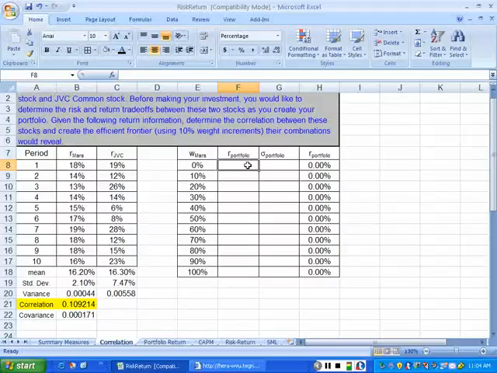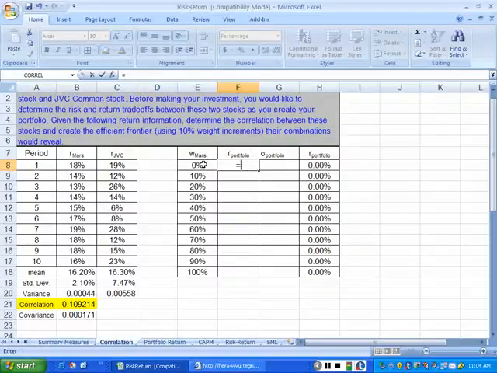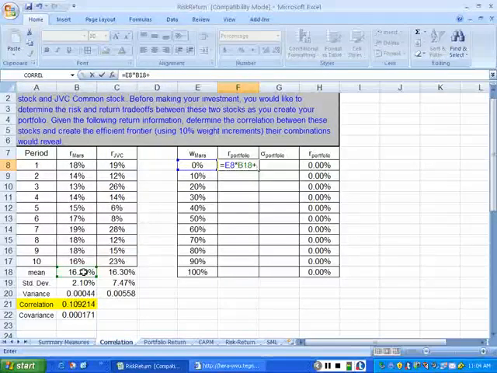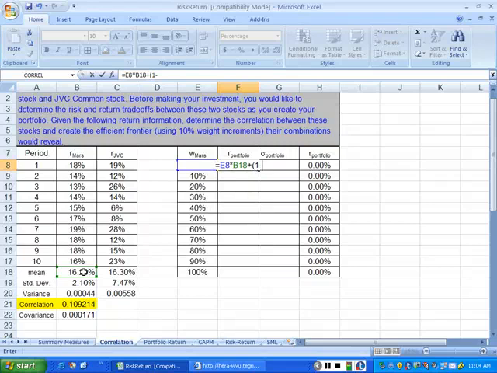Now, the portfolio return is the sum of the weights times the rates of return that's expected for each case here. So let's begin by taking the weight on Mars and multiplying that by the expected return on Mars. To that, we're going to add the weight that we would have on JVC, which is just 1 minus the information that we had in cell E8, multiplied by the expected return on JVC.